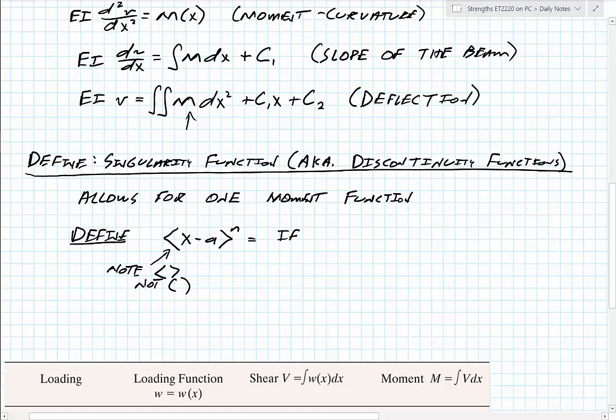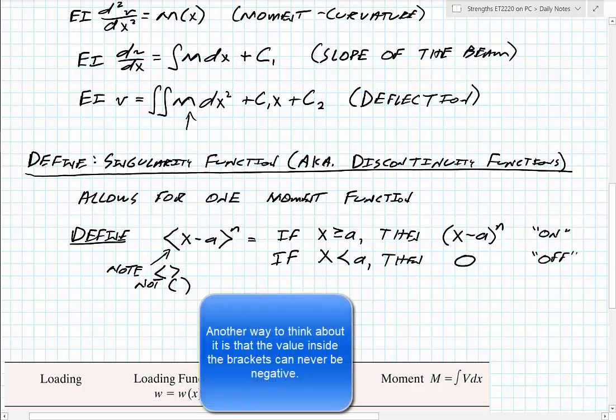If x is greater than or equal to a, then the whole function looks like this, and notice I do have parentheses, (x minus a) to the n power. This is like that switch being on. However, if x is less than a, then this whole function is just equal to 0, or it's off.